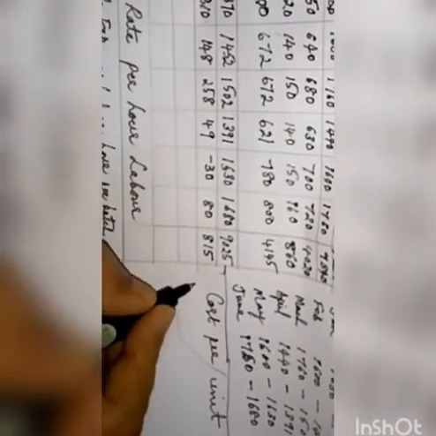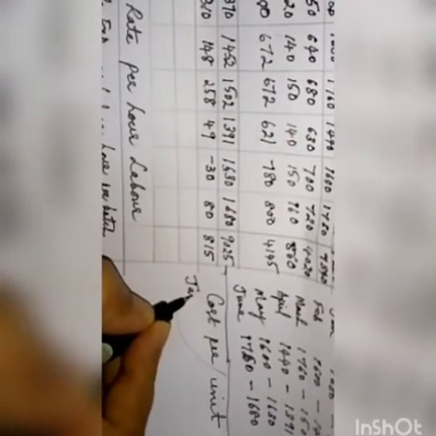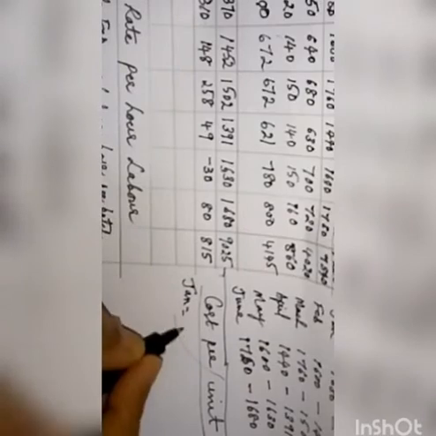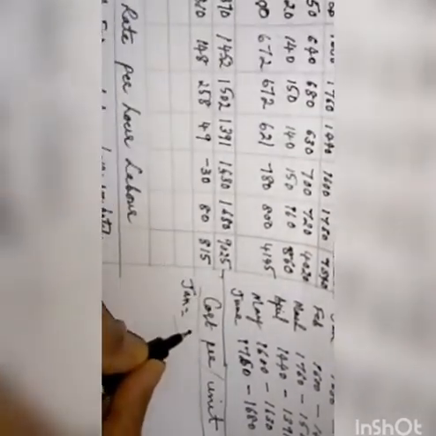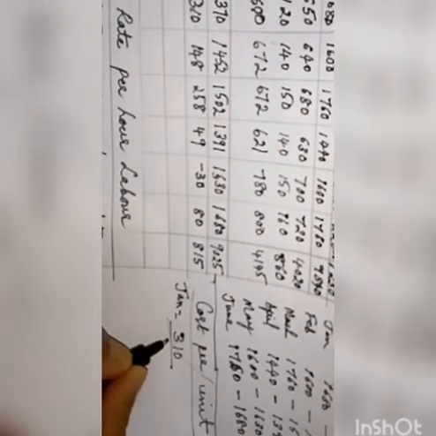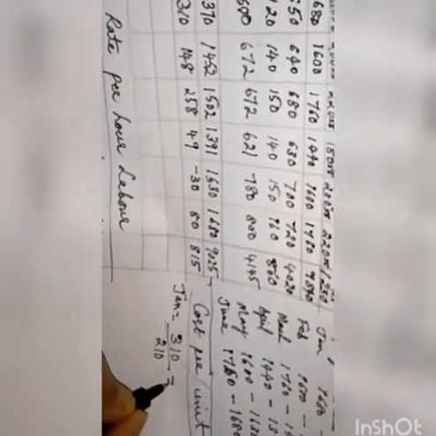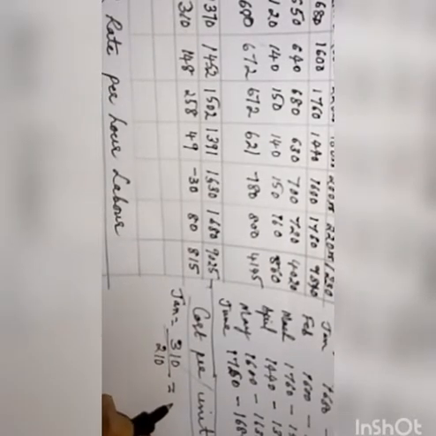Here all batch wise we can calculate cost per unit, total number of units produced, and total cost is 310 divided by total number of units produced 210. So here we get 310 divided by 210, per unit cost is 6.52.